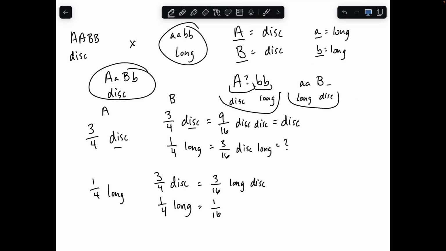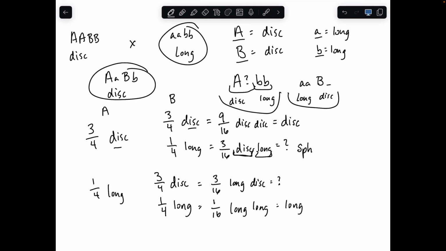And then here I have long for A and long for B, which I know is going to be long. So these two that I don't know, what it turns out is that when you have only one gene pair that has the dominant allele and the other gene pair is recessive, you actually do get a blended phenotype.